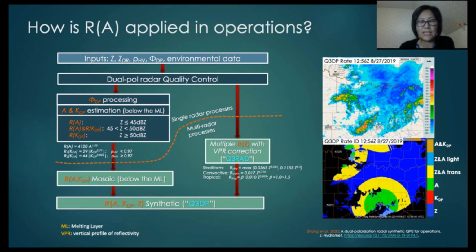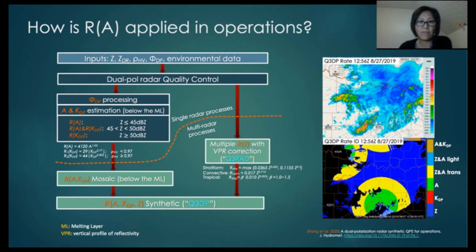RKDP is applied in areas where we think hail potentially exists. So basically, if Z is greater than 50 dBZ, it's all RKDP. If Z is below 45 dBZ, it's all RA. And in between, we have a transition zone, a linear combination of RA and RKDP. So this mosaic will have holes beyond the melting layer because we don't have RA data beyond the melting layer.